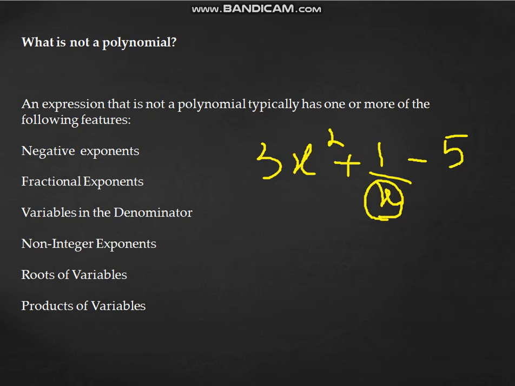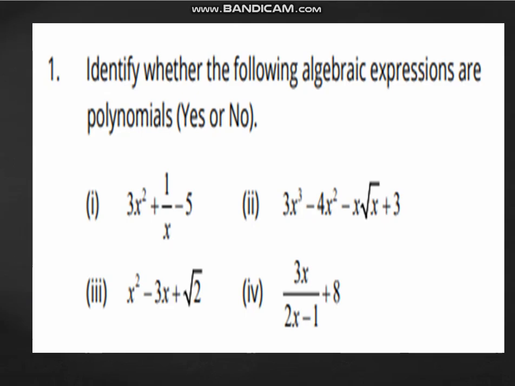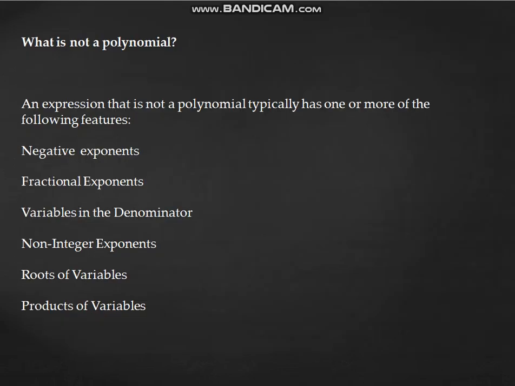Now let's look at the second expression. I'm going to erase this one here, and let's get to the second one. So we have 3x cubed minus 4x squared minus x root x plus 3. Now let's see if it fulfills the requirements.